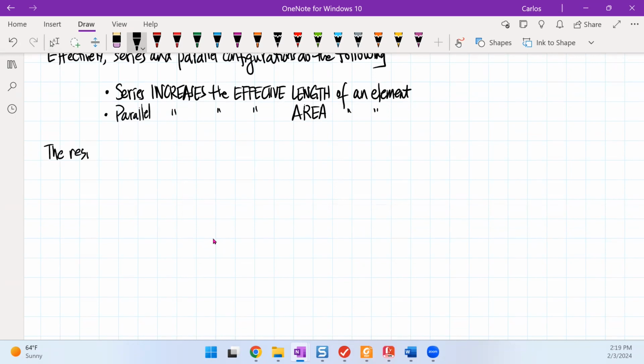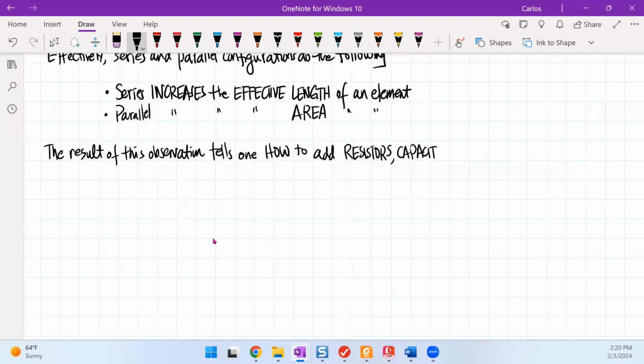The result of this observation tells one how to add resistors, capacitors, and inductors in series or parallel.